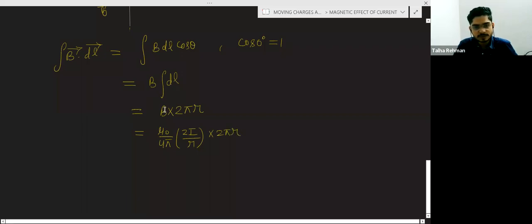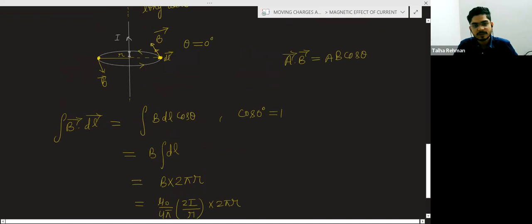This B is the magnetic field due to this current carrying wire at this point.